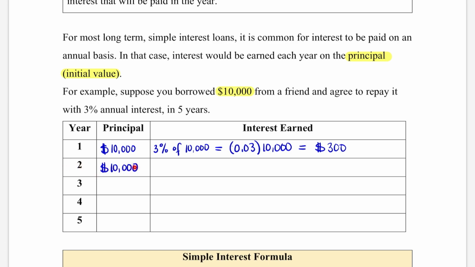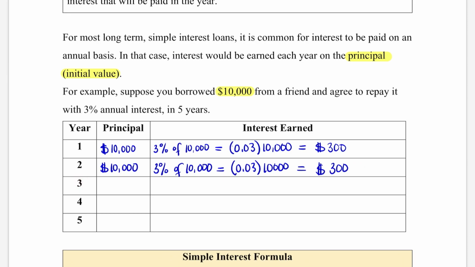And on the second year, I will pay him 3% in interest. So the interest will be 3% of $10,000, which is 0.03 times $10,000, which is $300. So the interest that I'll pay my friend on the second year will also be $300.